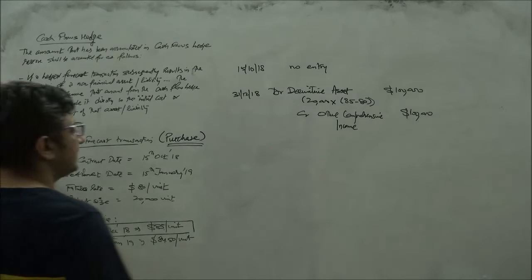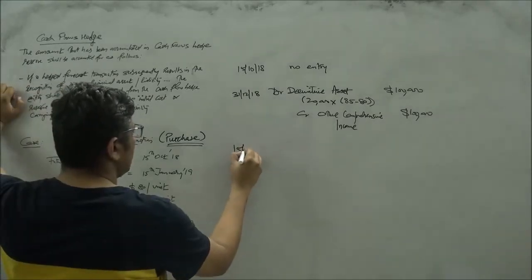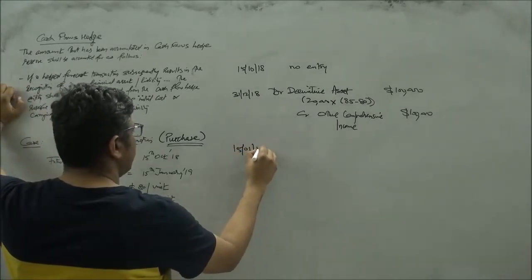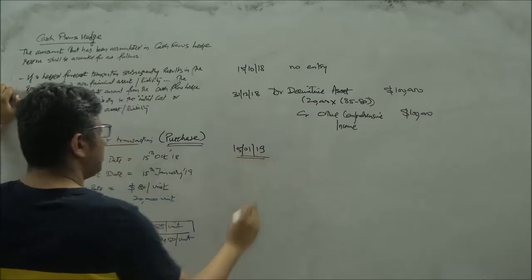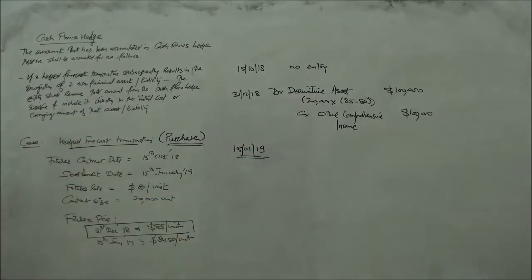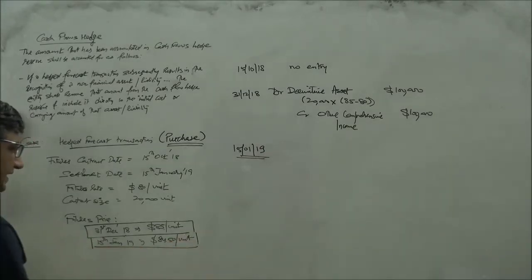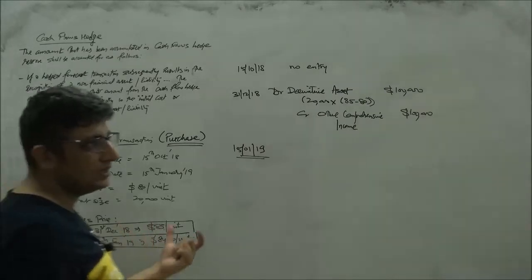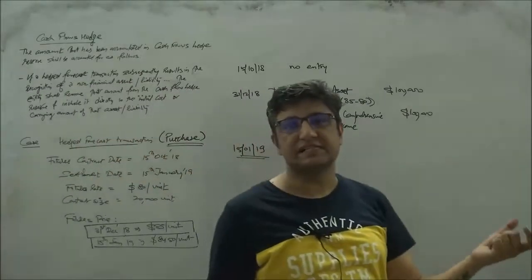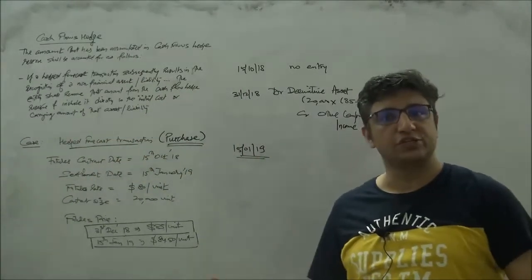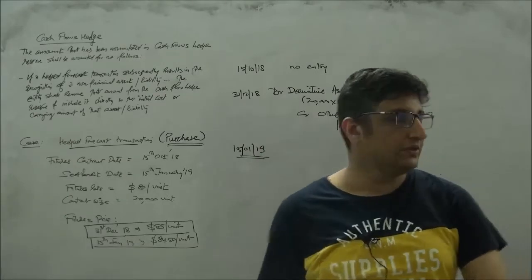I come to my next date, 15th of January 19. This happens to be my settlement date, and you observe that the contract value has declined. It has gone to 84.5 from 85, so I need to book that 50 cents loss for each unit. That's what I'm supposed to do here.